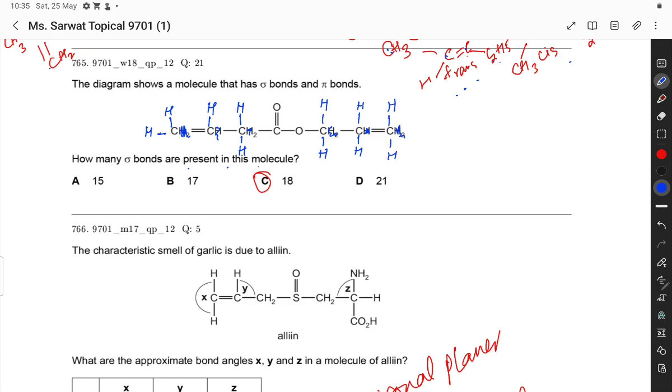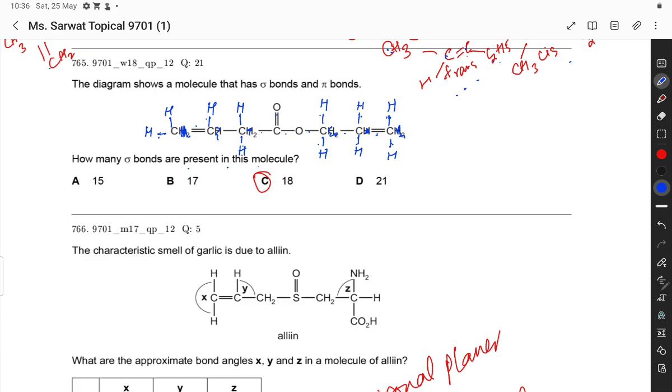Okay. Count the number of sigma bonds. First count the single bonds, 1, 2, and over here 1, 2, 3, 4, 5, 6, 7, 8, 9, 10, 11, 12, 13, 14, 15, 16, 17, 18 and 19.